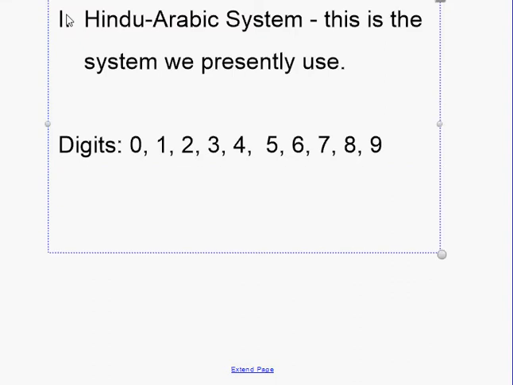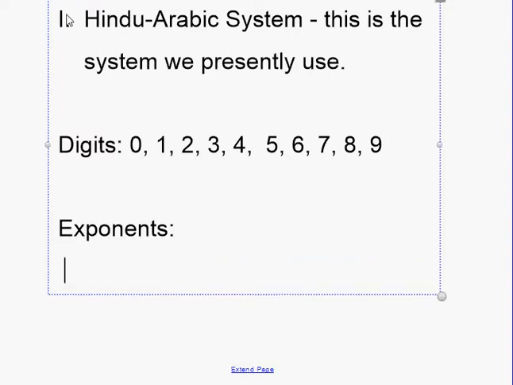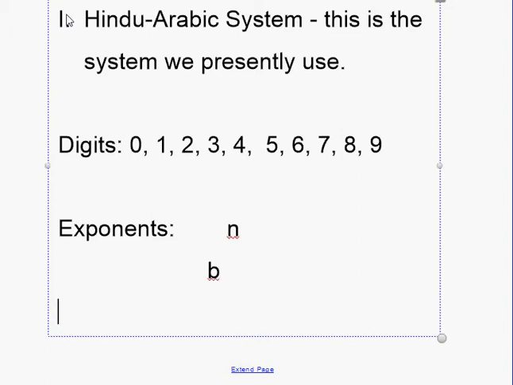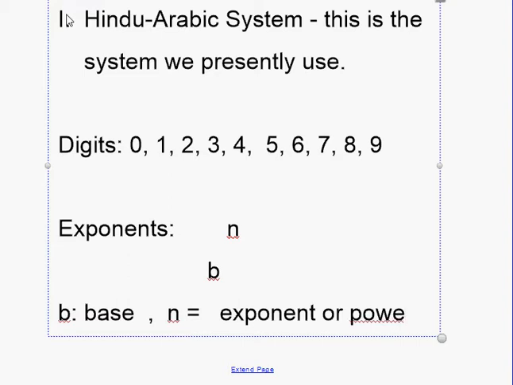Remember, in our Hindu-Arabic system, we have something that are called exponents. So if we have something like b raised to the n, the b is considered our base, and the n would be the exponent or power.